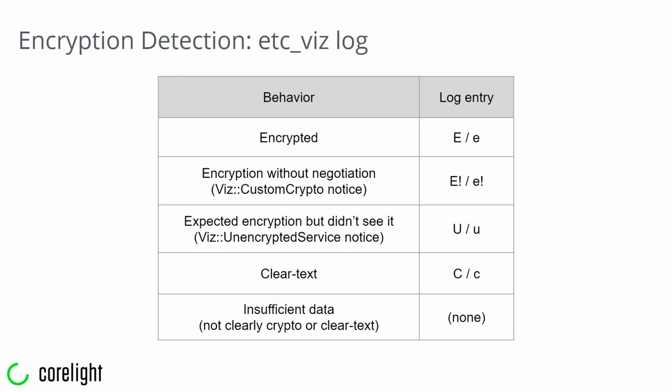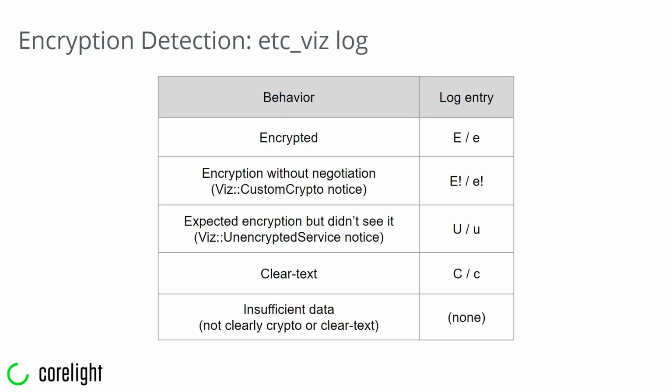Uppercase implies that the originator, or as you might say, the client, is in this particular state, to say encrypted or clear text. So in that top line, if I see an uppercase E, that tells me that the originator was speaking using encrypted traffic. A lowercase e tells me that the responder, the server, was using encrypted traffic. And that's something you would expect to see pretty regularly, especially when you're talking about TLS, port 443 connections, your standard use cases.